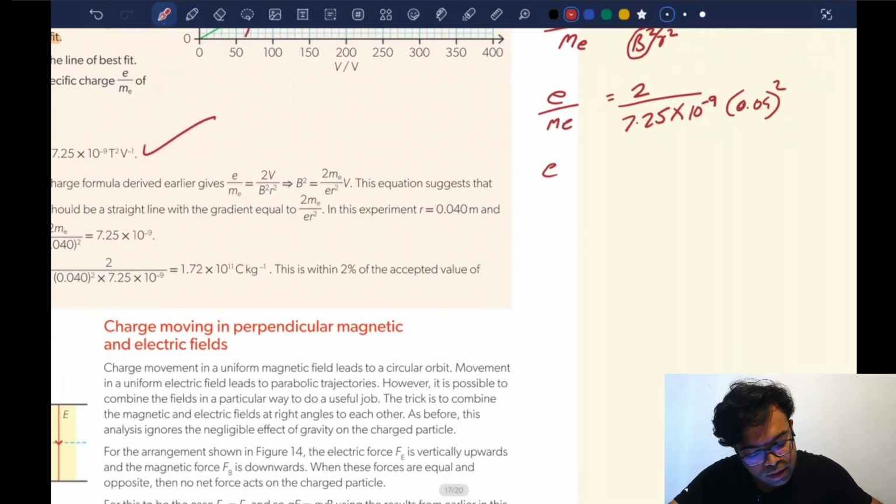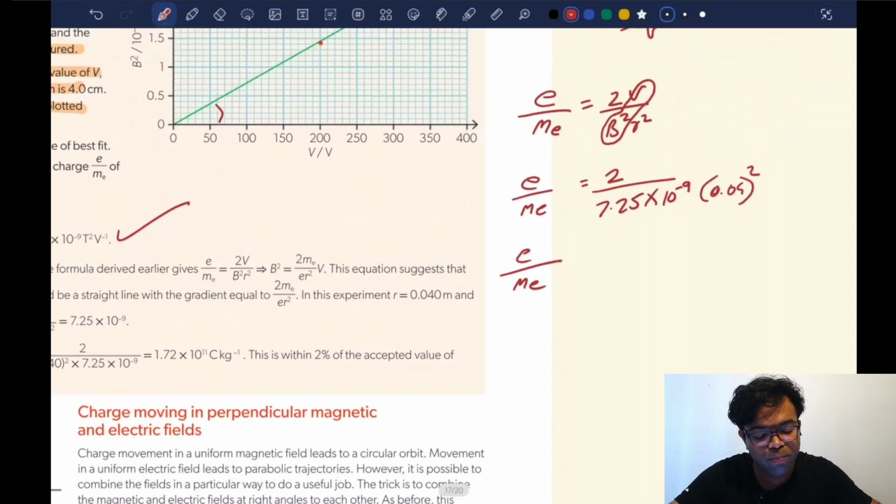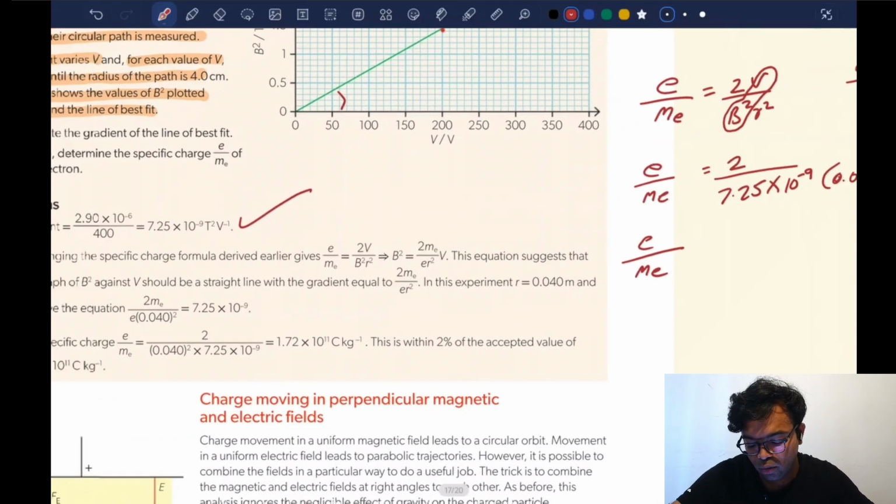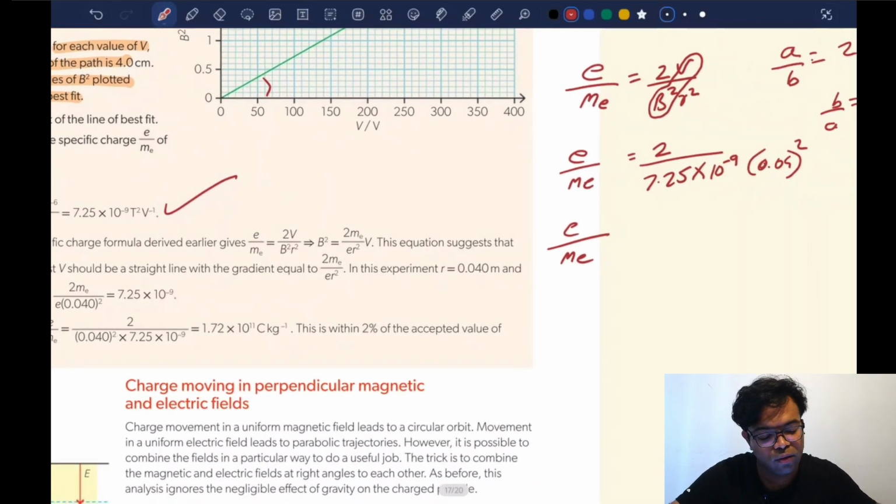Now E upon m, are you able to follow me? See, basically B square upon V, right? If A upon B is equal to 2, then B upon A is equal to 1 upon 2, right? That's all I have done. Did you understand? We knew the value of B square upon V, so I just placed the B square upon V value at the bottom, so that I would be able to do this.